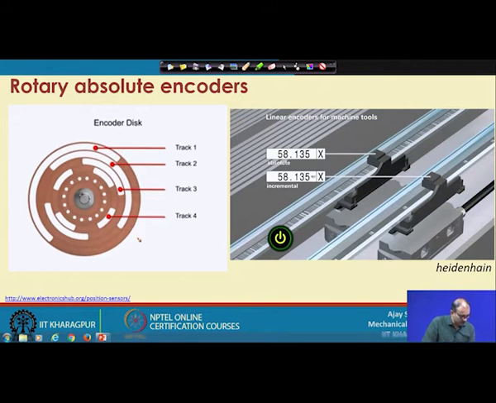The higher the number of tracks, the higher the resolution.